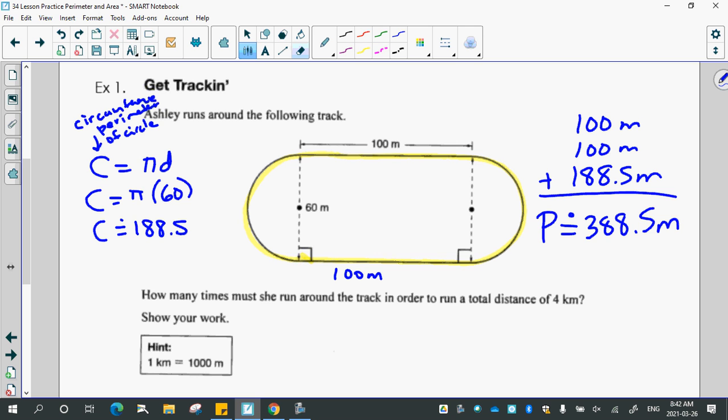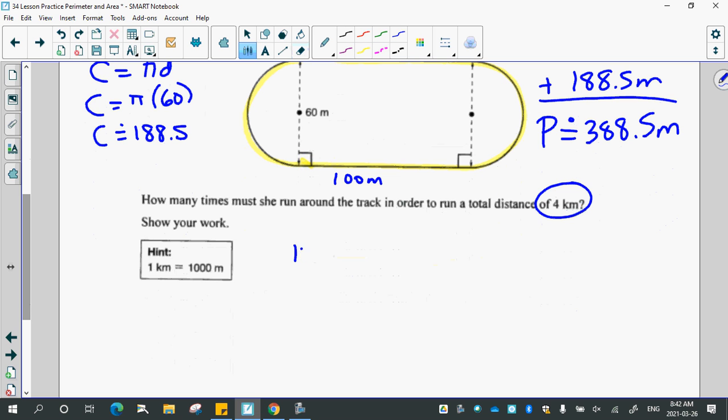Okay, and I need to know how many laps she has to do in order to go 4 kilometers. Any ideas how I can figure that out? John? Keep adding 388.5 till I get close, that's one way. Glenn? Divide 4,000 by 388.5. Yes.